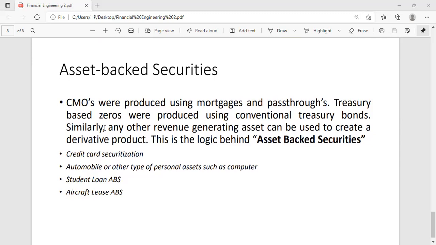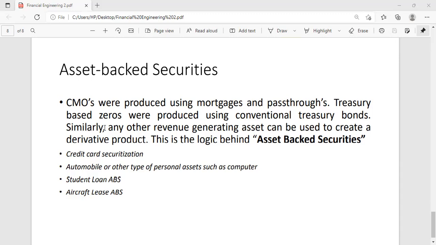All right. So in today's lecture, we have used the pass-through certificates to generate CMOs. In my last lecture, we discussed the creation of zeros from conventional treasury bonds and the creation of pass-through certificates from mortgages. Okay. So any cash flows from assets other than real estate will create asset-backed securities.